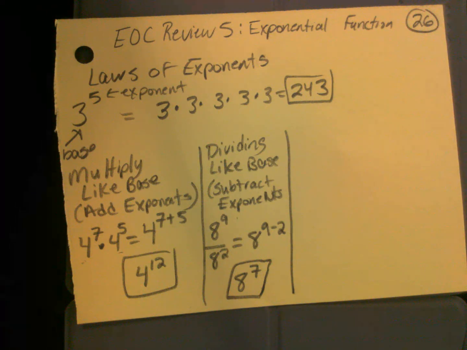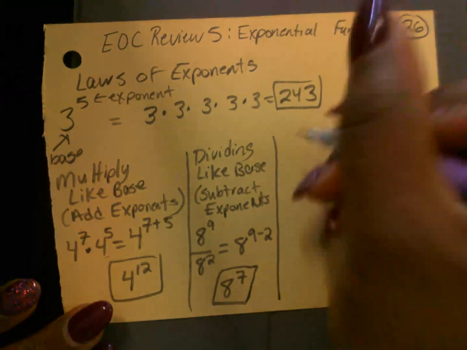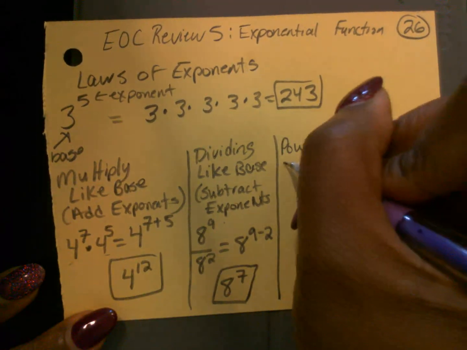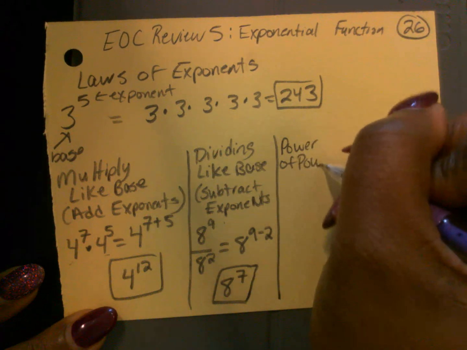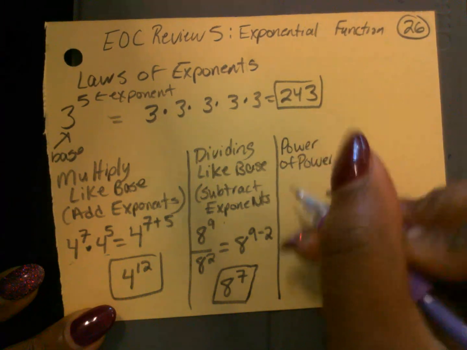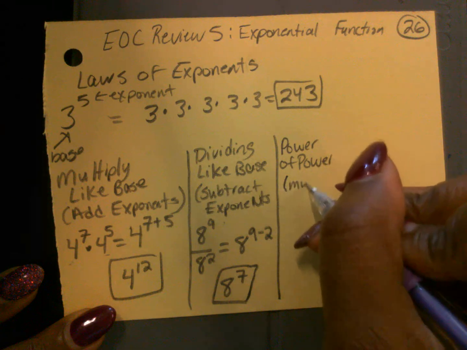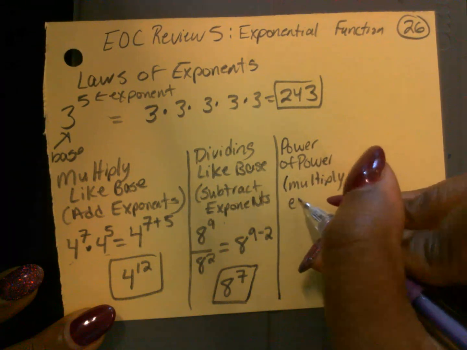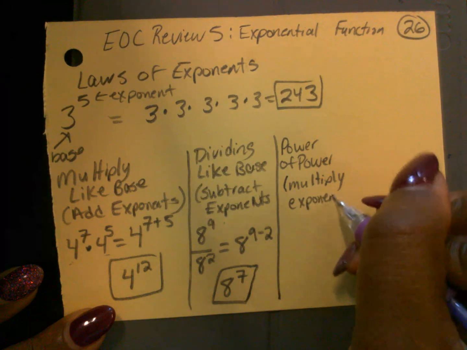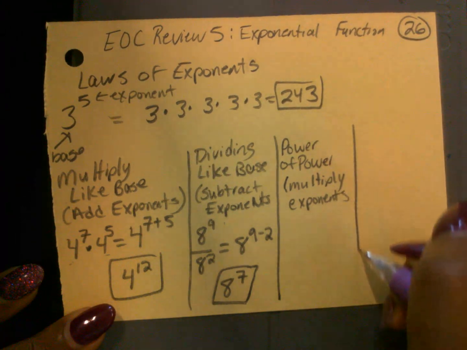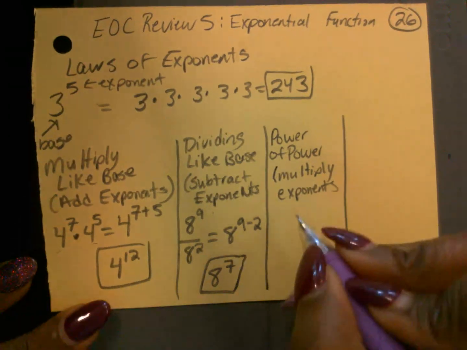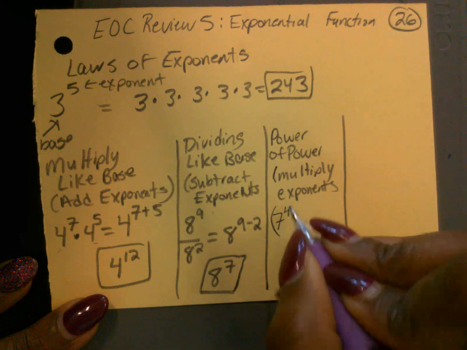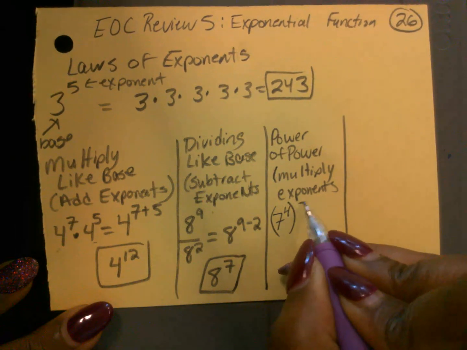Now we're going to do a power raised to another power, or an exponent raised to another exponent. So it's power of a power. When you have that, you multiply the exponents. So let's suppose that we have 7 to the 4th power, and we're raising that to the 5th.